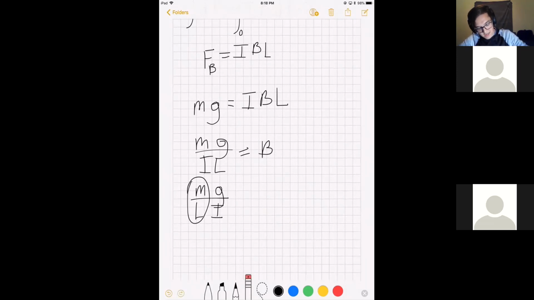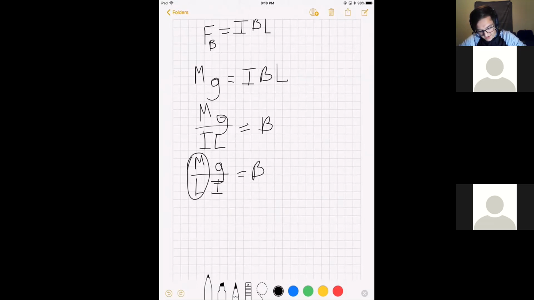Actually, to be extra clear, m is not a little mass. It's the total mass of whatever length wire we have. So m divided by L, the total mass over the total length of wire, is our mass density. If you remember from 221, our mass density was just mu. You could call it lambda if you want.